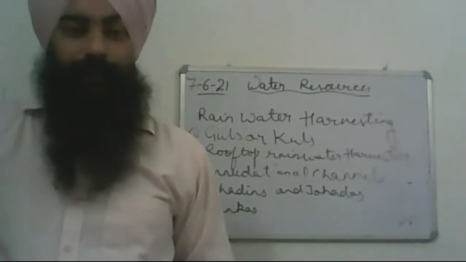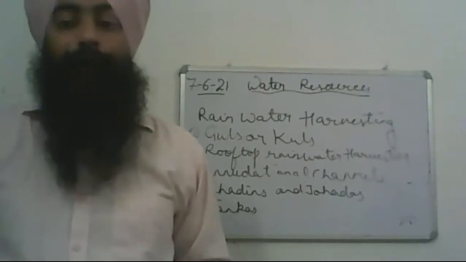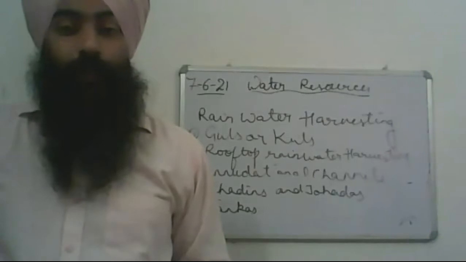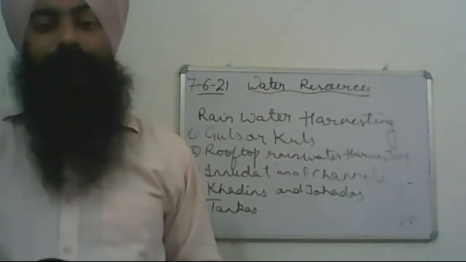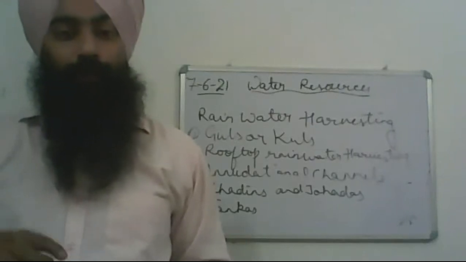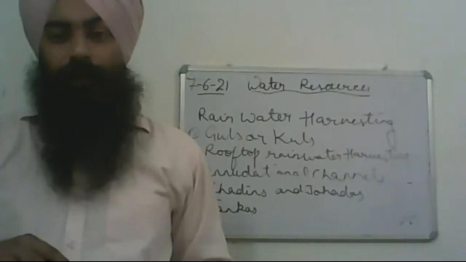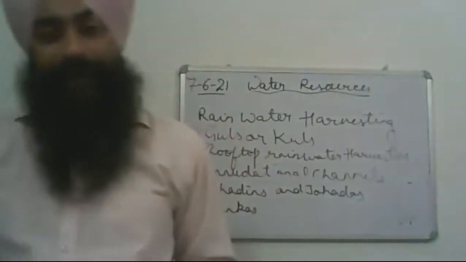That water they use for domestic purposes, and it helps to maintain the room temperature. So these are those techniques which are built in a way to direct rainwater from the roofs to travel to underground tanks.